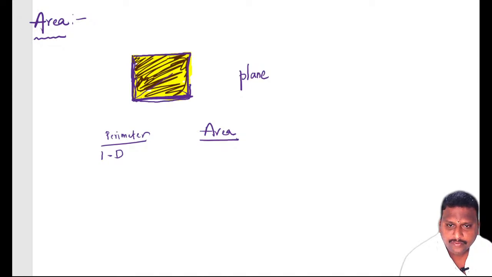If we go in this way, the total space occupied, the total surface occupied by a plane figure is called the area. That's why here we are discussing two lines, right? This is 2D. And if we take the units, the perimeter will be in centimeters, meters, kilometers.